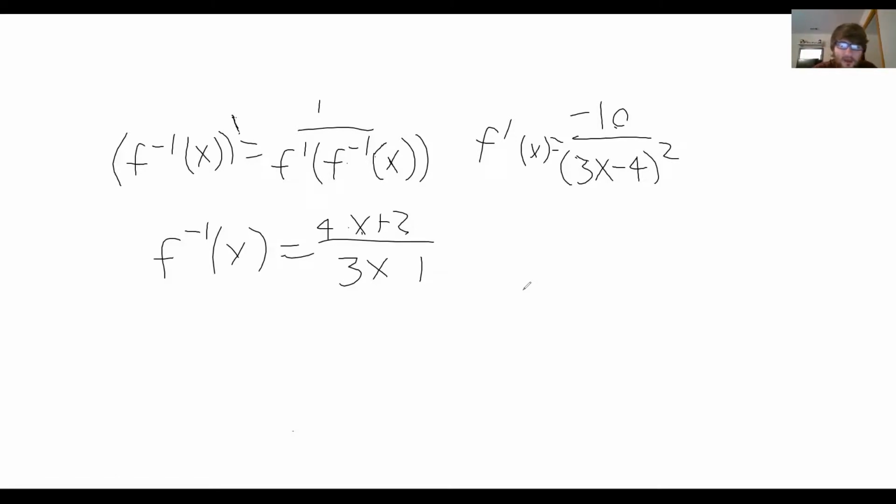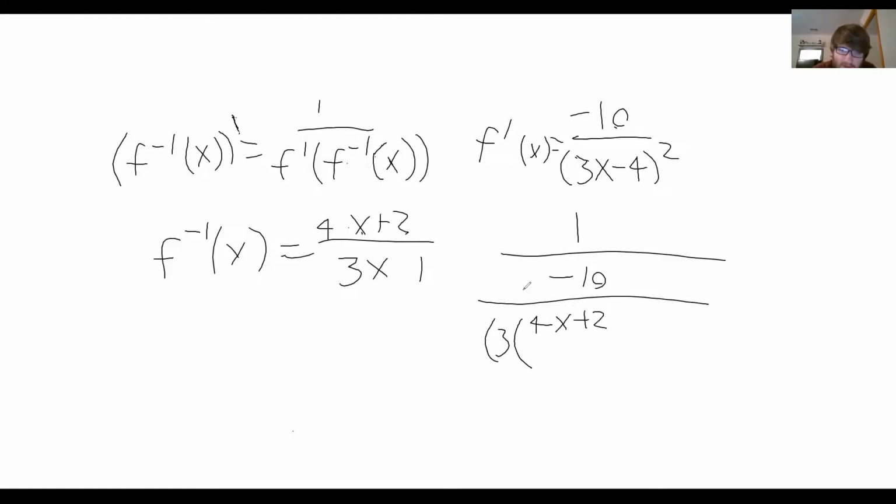So plugging in that, we're going to have 1 over negative 10 over 3 times, okay, so now we have to plug in the whole inverse, which is 4x plus 2 over 3x minus 1. I'm realizing this minus got cut off here. And that's going to be minus 4 squared.